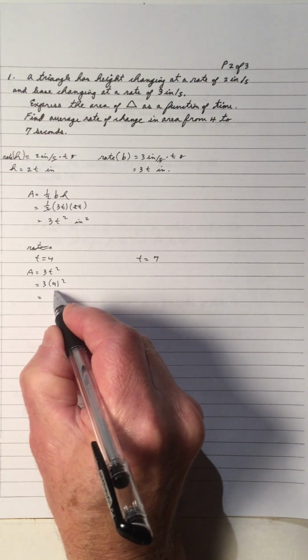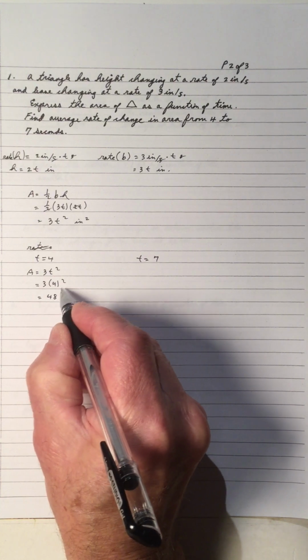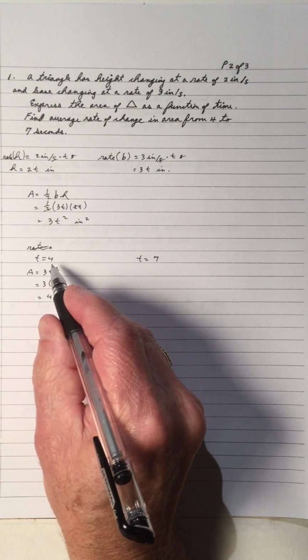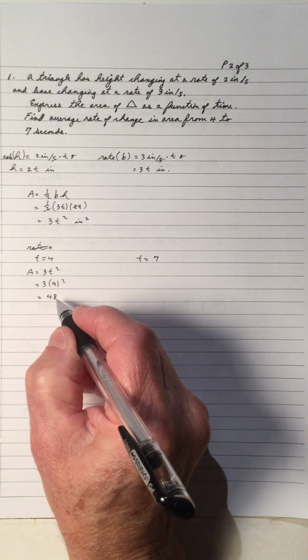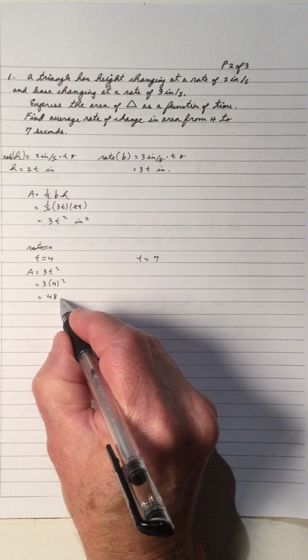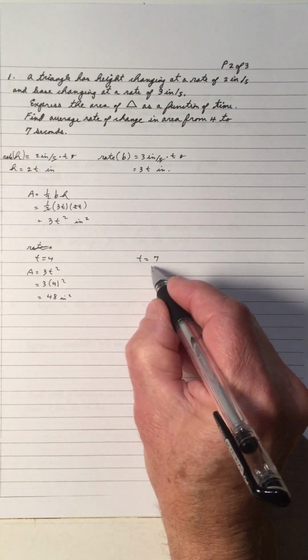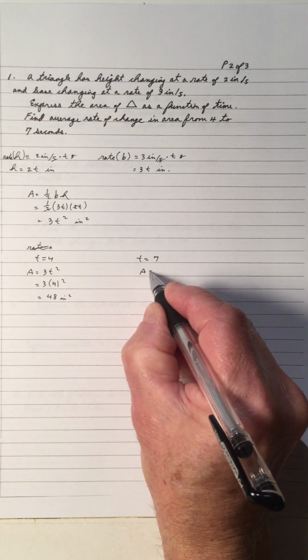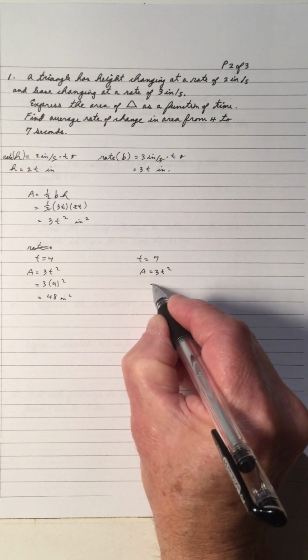So at 4 seconds, you're going to have 16 times 3 is 48. That's the area, which is 48 square inches. At 7 seconds, the area is 3 times t squared.